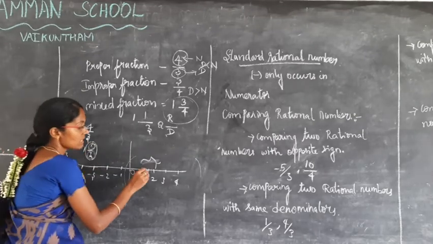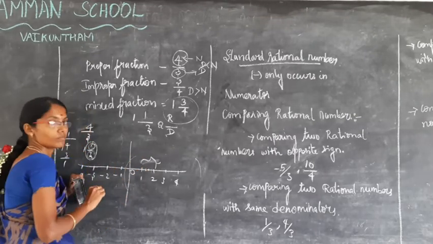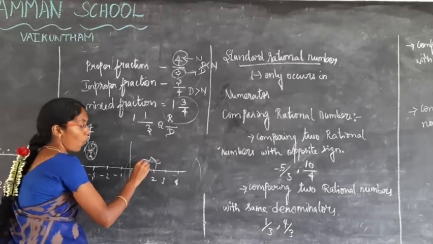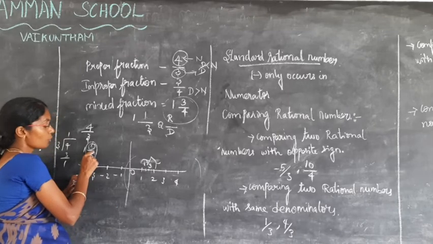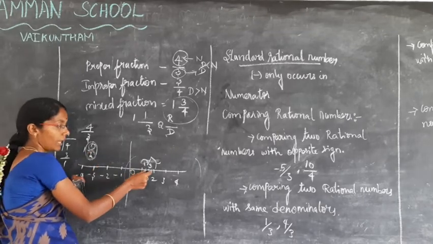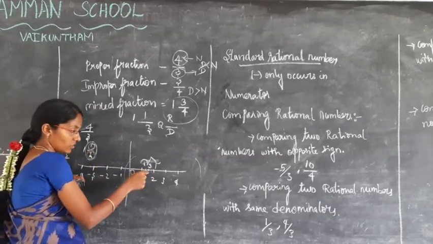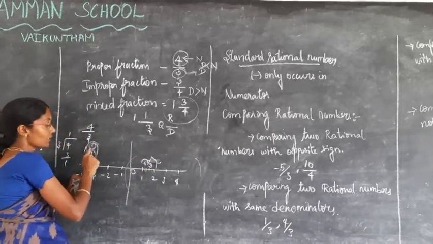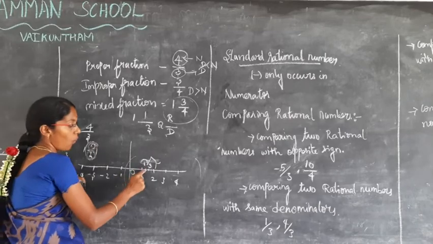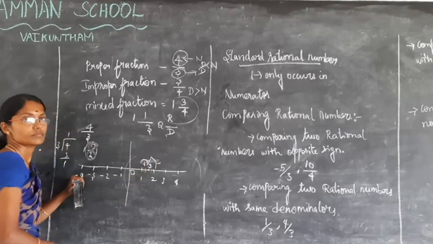It occurs on the first segment. So this one is 1 by 3. You have to split the divisor as the number of parts, and see on which segment the number occurs. So at the first segment, 1 by 3. Okay.